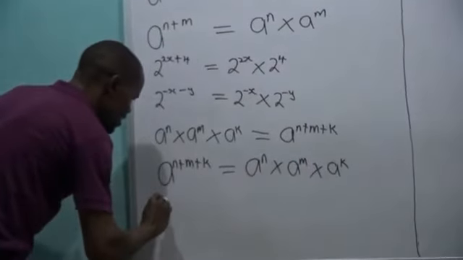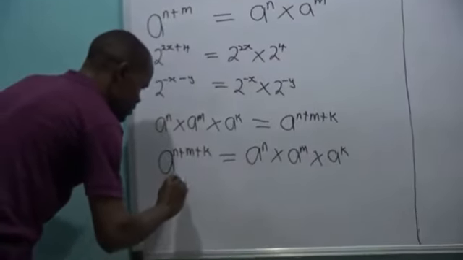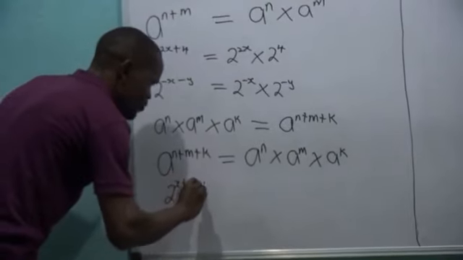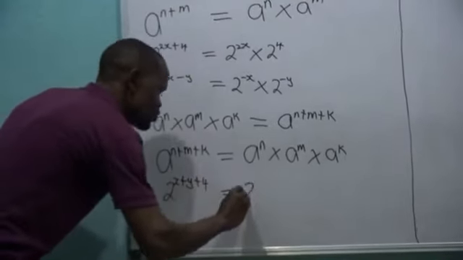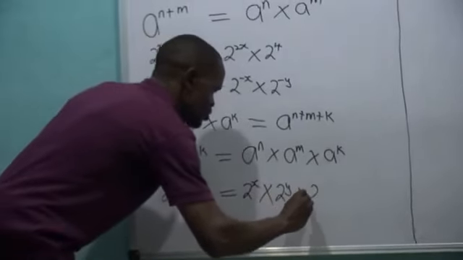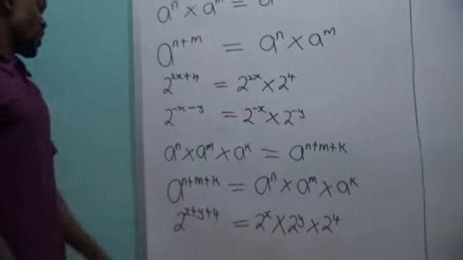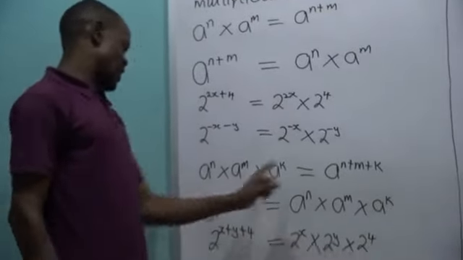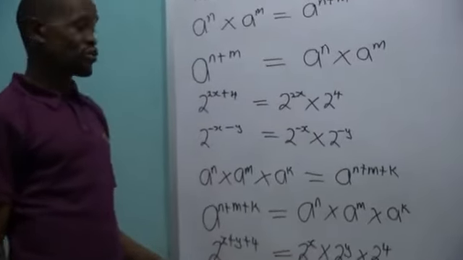Example, if I have 2 raised to the power x plus y plus 4, this simply means 2 raised to the power x times 2 raised to the power y times 2 raised to the power 4. So I can write it this way and I can return it back. That's what brings us to this.